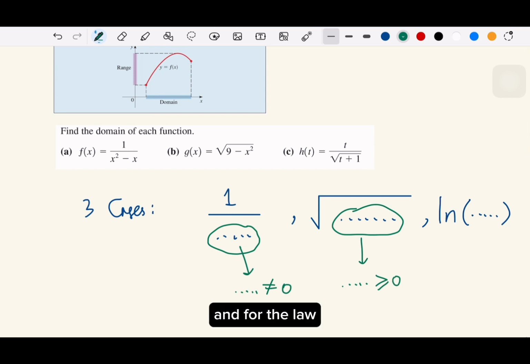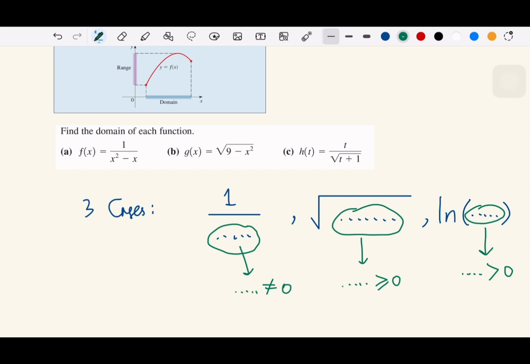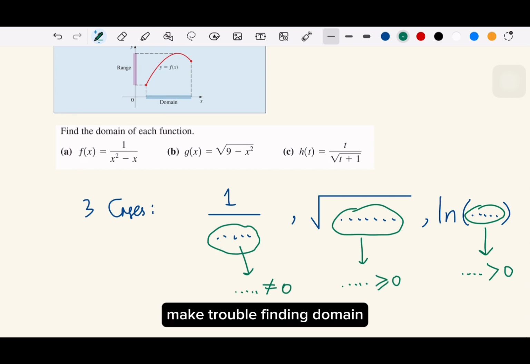And for the log, this should be greater than 0. Okay, only these 3 cases are going to make trouble in finding the domain.